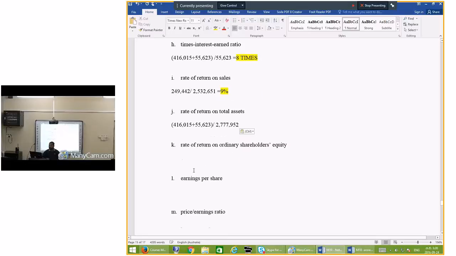Total assets. How much is the calculation? %, 8.11.